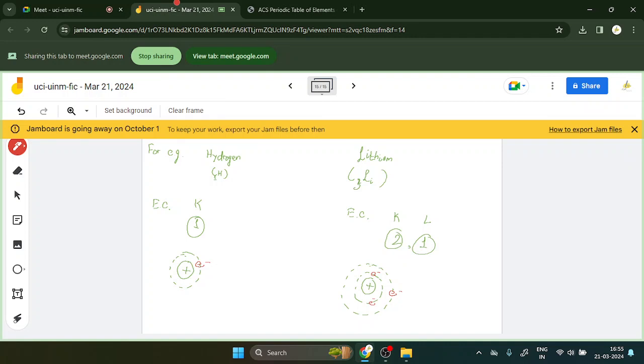In the upcoming class, this chapter will be completed. It is approximately 70% completed now.